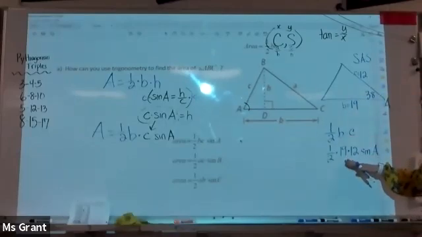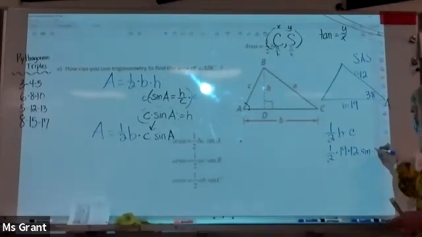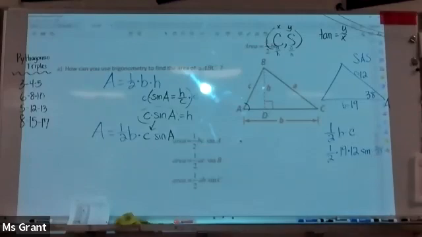And here's the math. I would actually put sine of 38, wouldn't I? Let's do that one because it's there. One half times 19 times 12 times sine of 38.